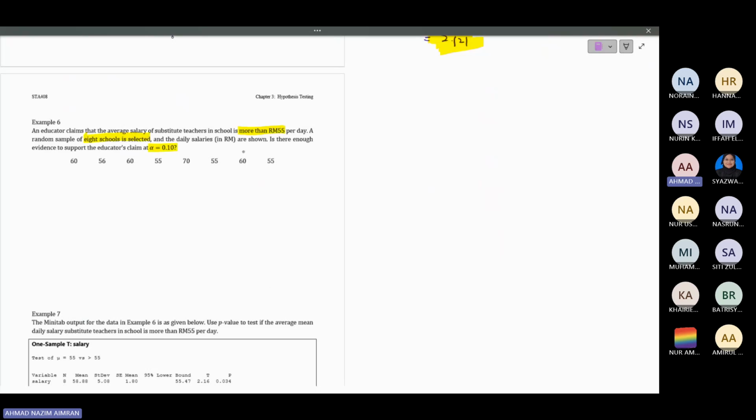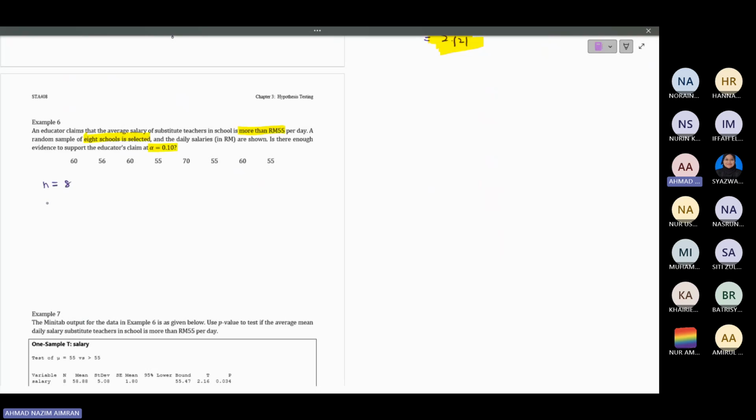So for this one, we have a sample of 8 schools and X bar is not given. You have to calculate the X bar by yourself.